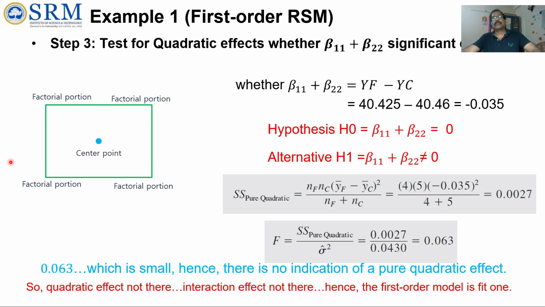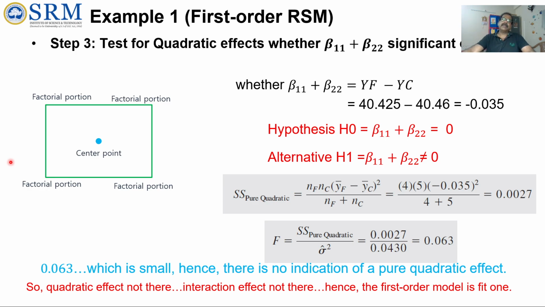Then the next step is to find the quadratic effects, that is beta 11 plus beta 12, whether it is significant or not. For that we need to consider some concepts.